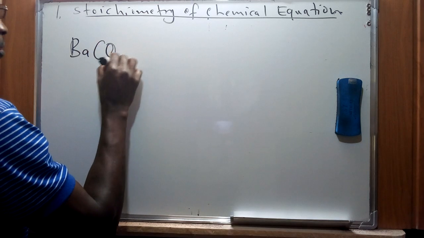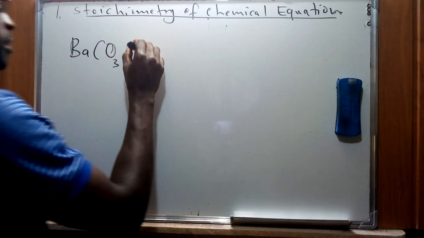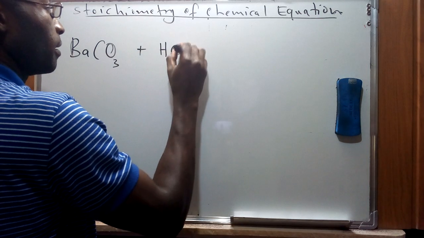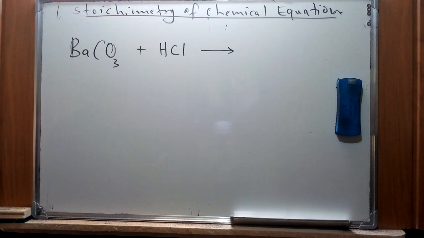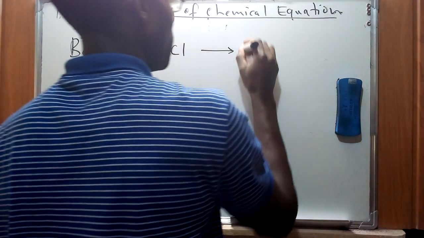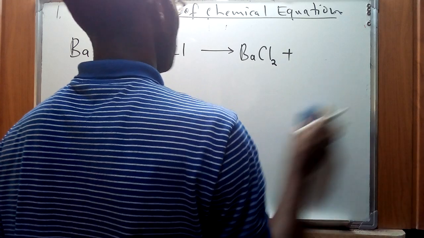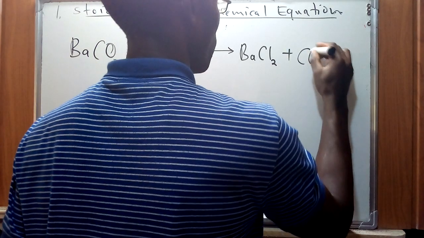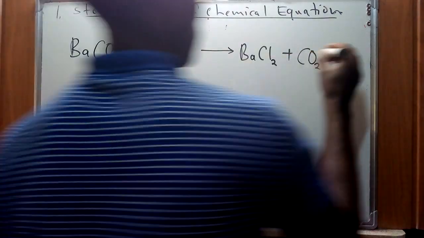I hope my symbols are okay. So barium carbonate is represented as that, and it's reacting with HCl. Now this is an acid carbonate reaction. It's going to result in the production of a chloride, that's barium chloride, plus a CO2 gas, and then we are going to have water.